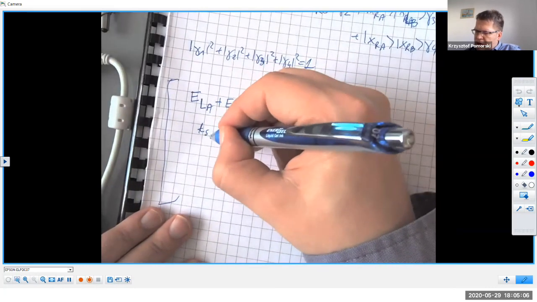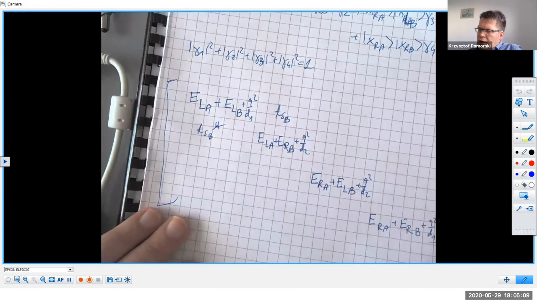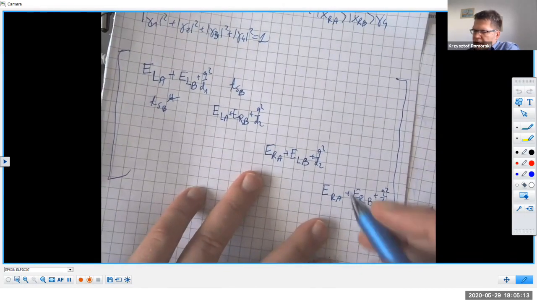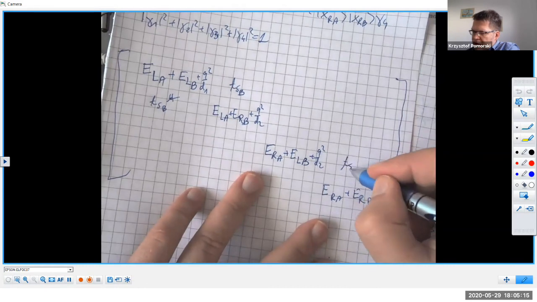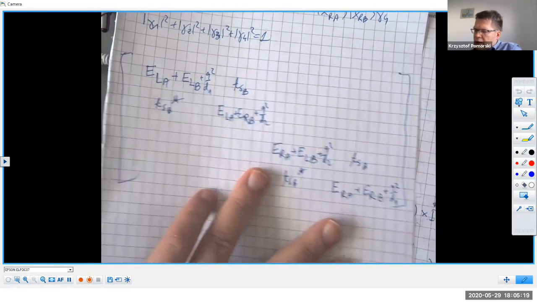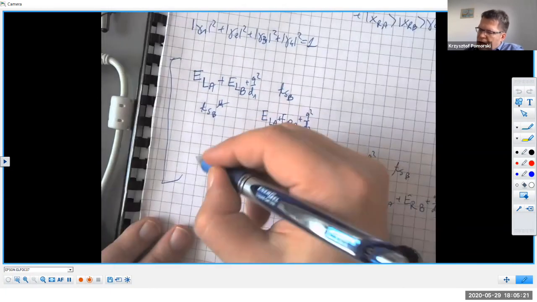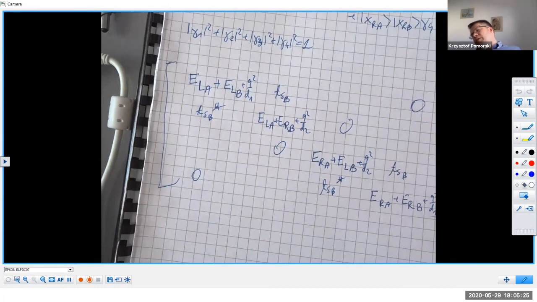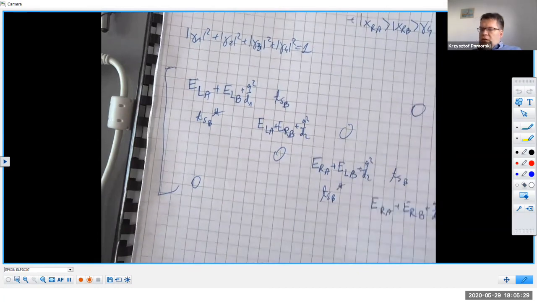So such structure is given as here. And again, there's a hopping term for TSB. All terms on the anti-diagonal turn out to be 0 in the time-independent case of the Hamiltonian.